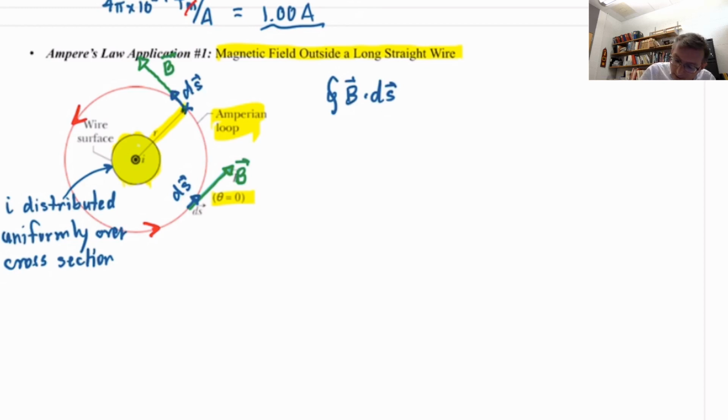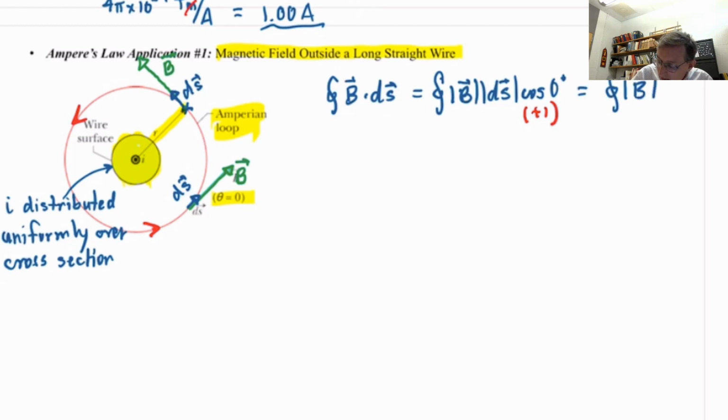So when I do the integral of B dot ds around the closed loop, that means magnitude of B, magnitude of ds, cosine of 0 degrees. And of course 0 degrees is plus 1. So that's just the integral around the closed loop of magnitude B times magnitude ds. Get that down a little bit so you can see it.